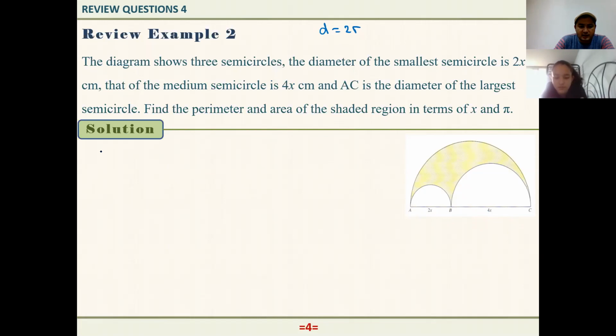So what is AC? AC is 2x plus 4x, that is equal to 6x. Now the smallest one, let's say its radius is R1, the medium one has radius R2, and the big one, R3. What is R1?